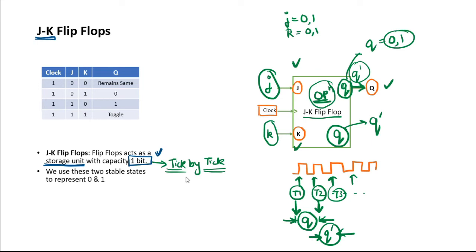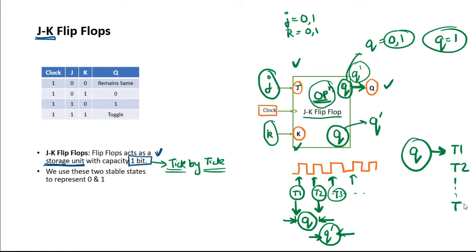So what is the concept here? Let's suppose q here is 1, and we want to store this value 1 for more than one tick. Then we provide the inputs j and k in such a way that the result generated will always be value q for tick t1, for tick t2, and so on, till we want this value to be present inside this particular flip-flop.